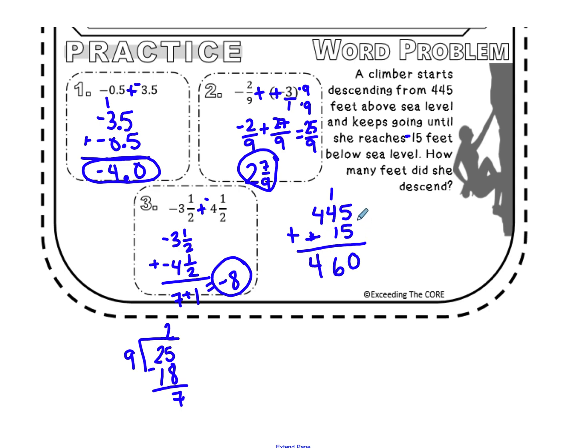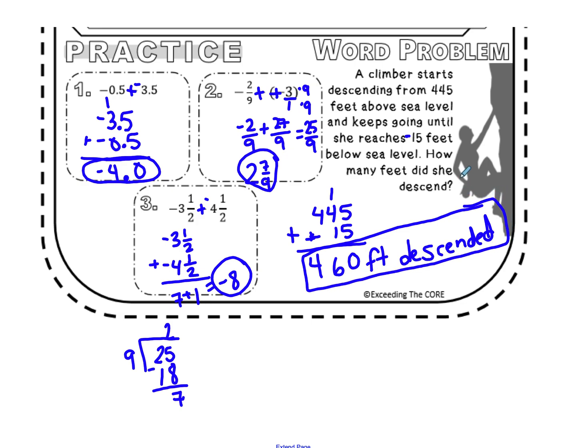And my 4 plus 0 is 4. So 460 feet. Descended. Now I use the word descended to mean that she is going down. Could use a negative as well.